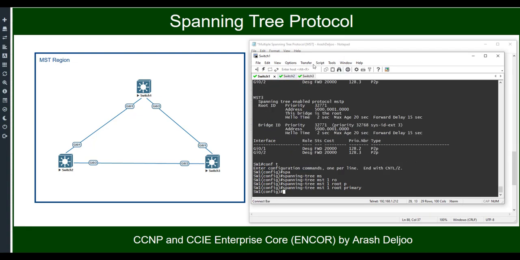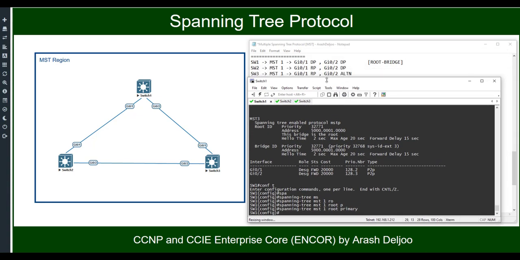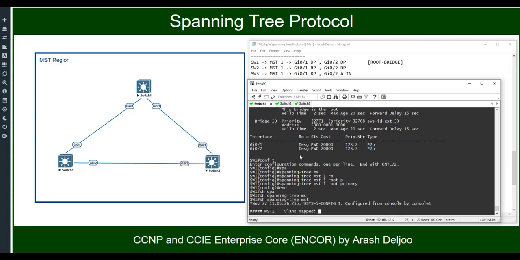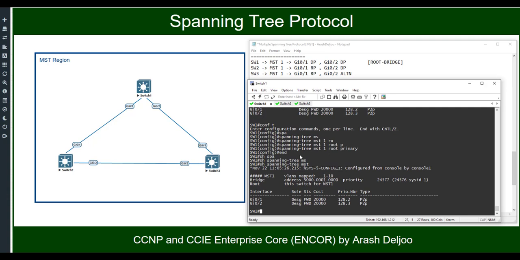First, we can start from MST instance 1. In show spanning-tree MST1, we can see the story of MST1. As you know, in MST1 we have 10 VLANs, 1 to 10. And this bridge is the root bridge of MST1.